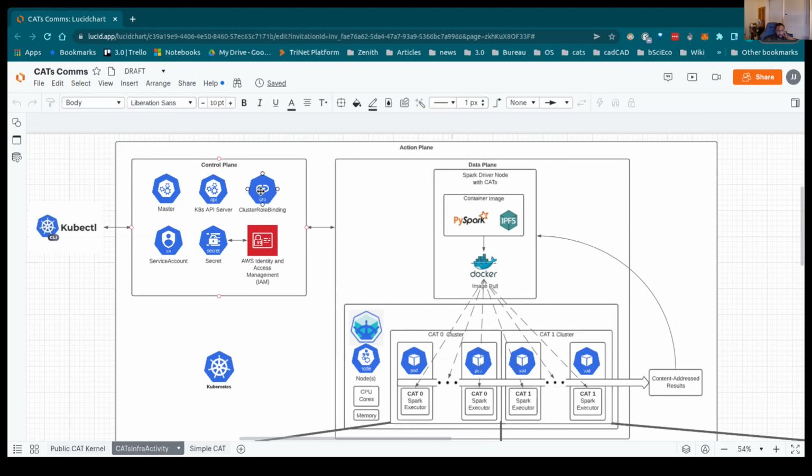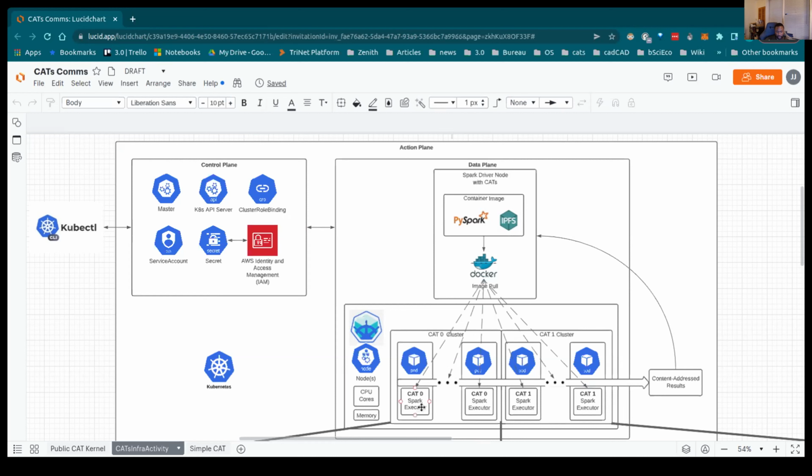For example, cluster role binding is handled by a PySpark API behind the hood that I'm using to build a Docker image that I've modified to include an IPFS client on, that will be pulled from Docker to the worker nodes of a Spark cluster.